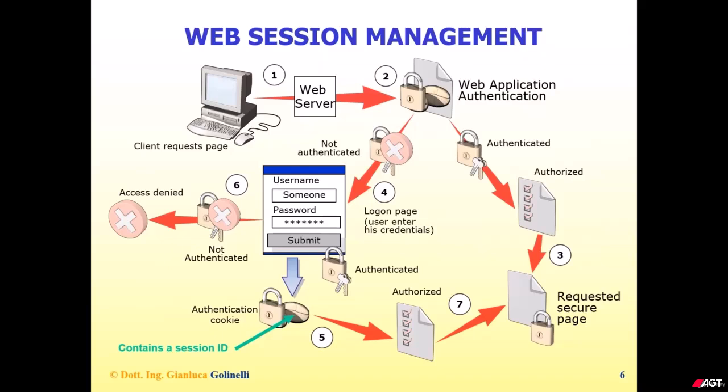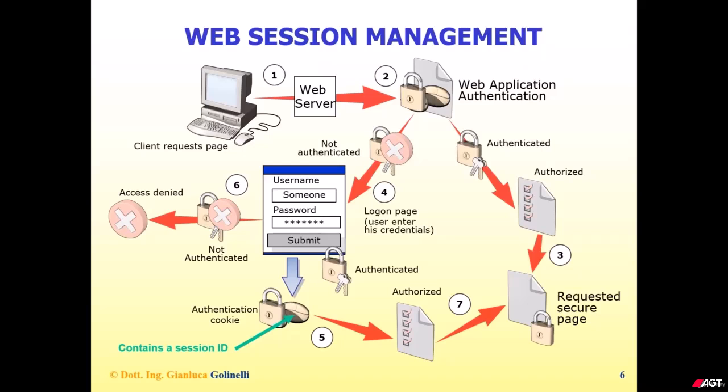We see here a classic life cycle of creating an authenticated user session, which makes use of an authentication cookie containing a unique session ID and associated with the authenticated user. After successful authentication, the server generates a session ID associated with the user, stores it server-side in memory or on DB, and then generates a cookie that contains a session ID and sends the cookie to the client.